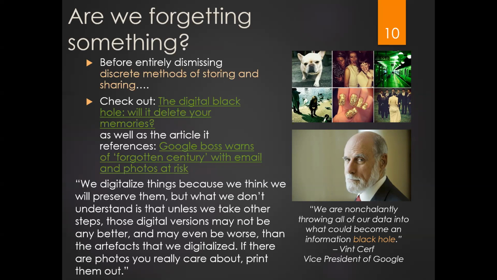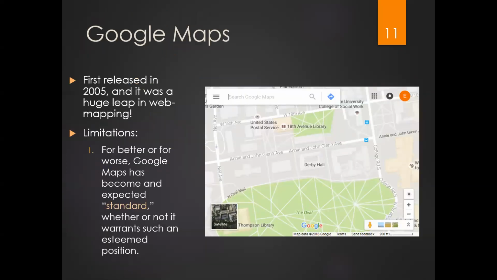Okay. So now since we're talking about Google, let's talk more about Google Maps, because Google Maps is a big change of web mapping. It was first released in 2005, and it was a huge leap in web mapping because Google moved everything that you can show with a map to the internet.